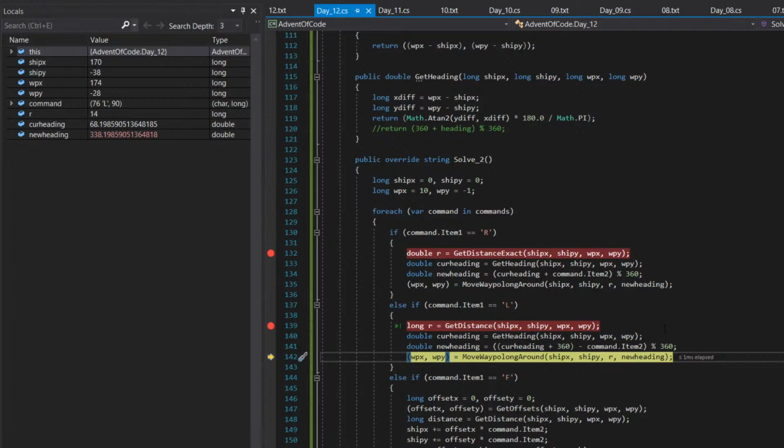Which is right. 68 degrees is kind of south. And negative 90 would take us to kind of east. But we get 182 by 43.